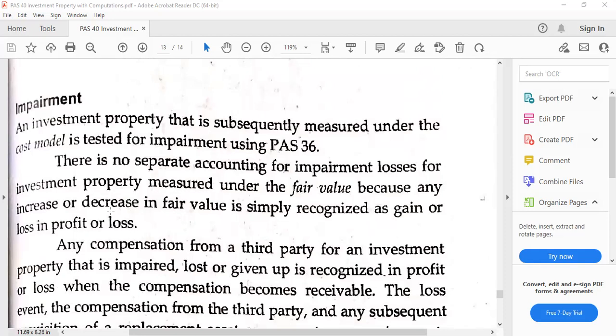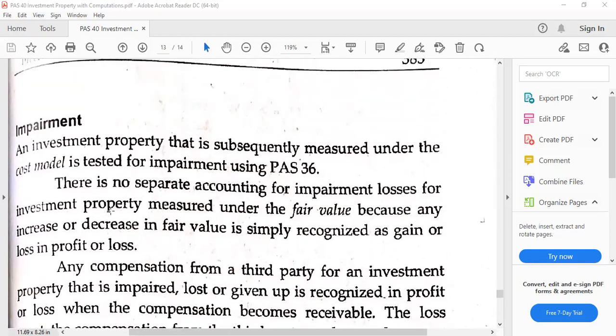Next, for impairment, this is another field. And this is to be discussed exhaustively under IAS 36 in finals. In impairment, the ruling is that number 1, we are going to impair only non-current assets. Investment property is part of that.